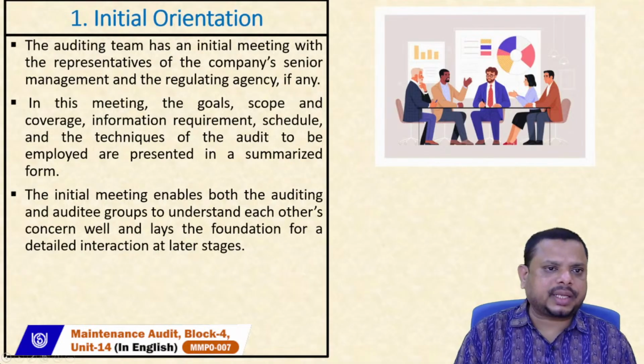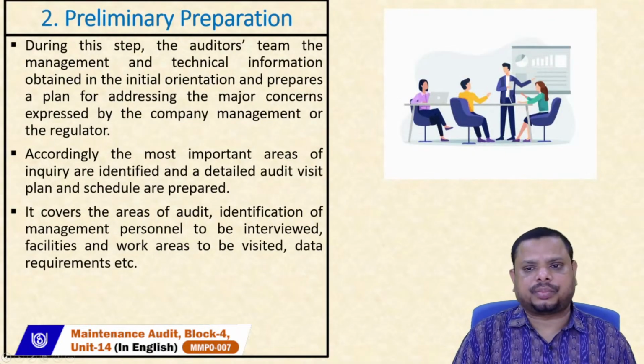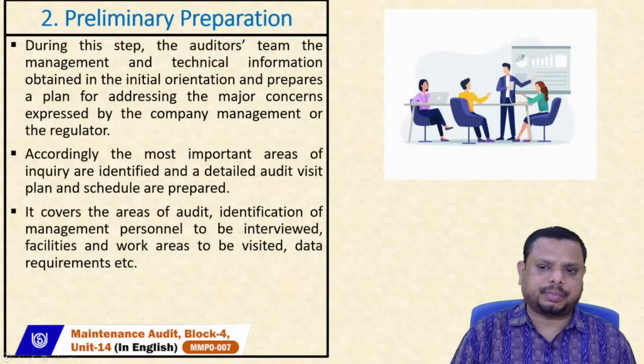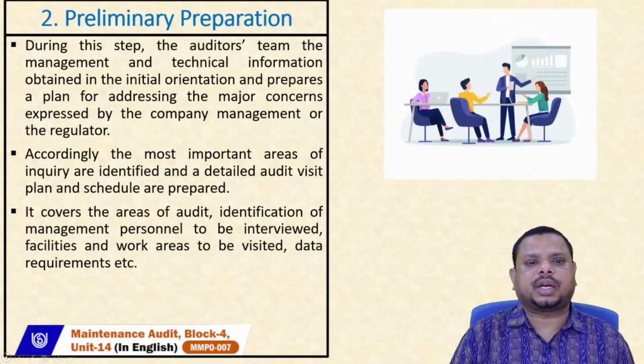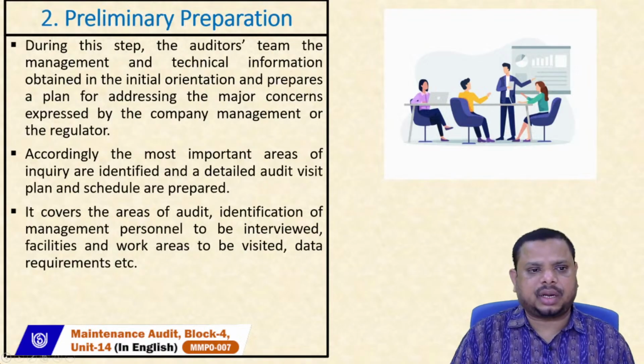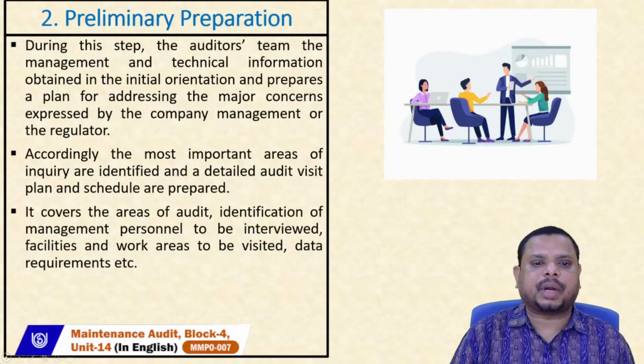The next one is preliminary preparation. This is the second step of your maintenance audit. Here the auditor team reviews the management and technical information obtained during initial orientation and prepares a plan for addressing the major concerns expressed by the company management or the regulators.